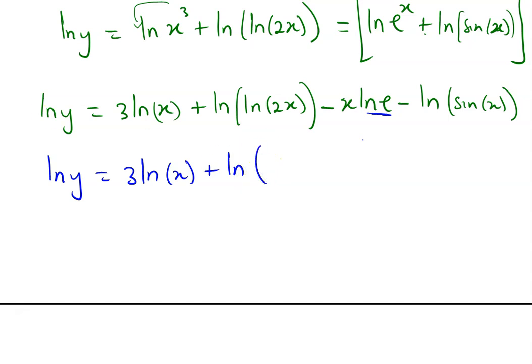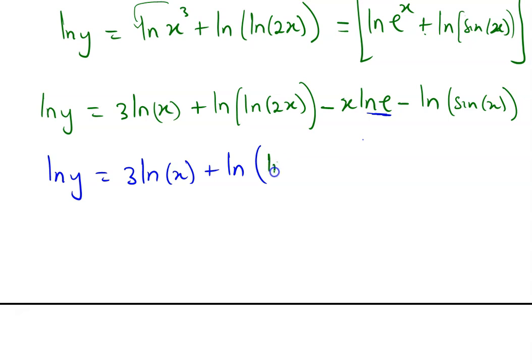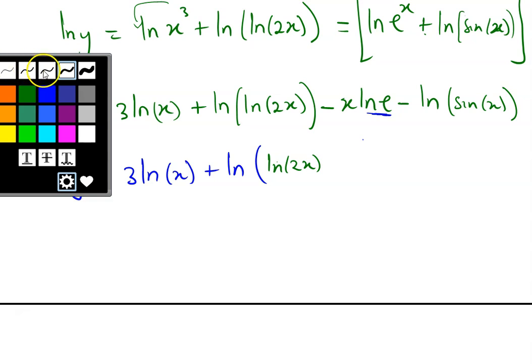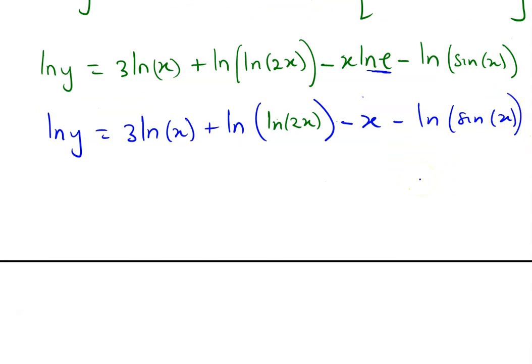Let me use a different ink so that it will be clearer to me. Yes, ln into bracket ln 2x, right? Very good. Okay. Minus x minus ln what? Sin x. Very good. So now we are going to differentiate.